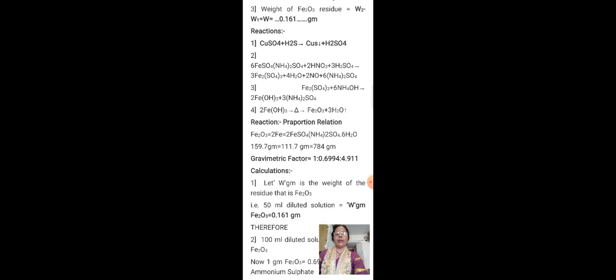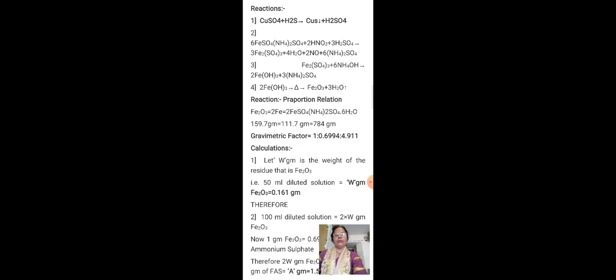Again, this Fe2(SO4)3 plus 6 ammonium hydroxide turns into Fe(OH)3, and this Fe(OH)3, when we heat it, turns into Fe2O3, which is in pure form. This is your practical.